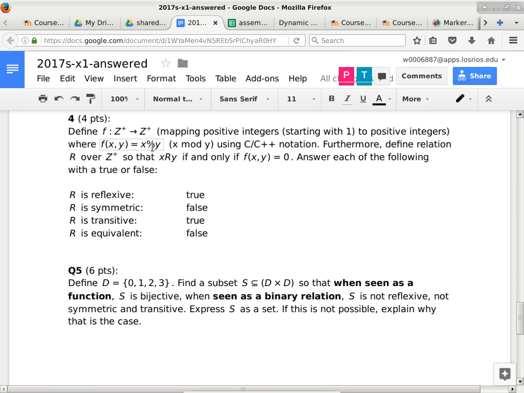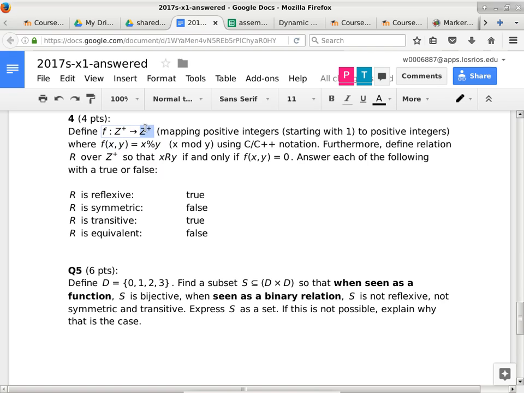It was the furthermore part of the question. Extra work is fine. Can you give an example of what the domain and codomain would be? The domain is Z plus. In this case, I just chose to use Z plus as my domain, which is 1, 2, 3, 4, and so on.